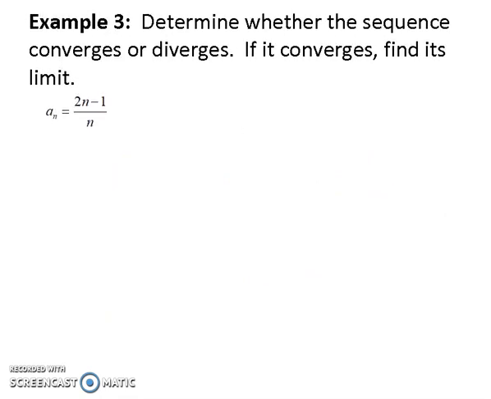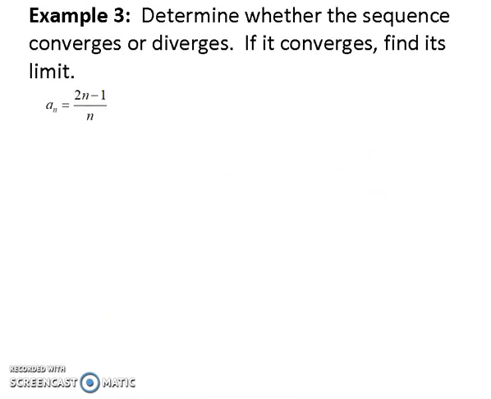All right, so we're going to end this first video on example 3 here, where we are given an explicit formula for a sequence, and we're to determine whether or not that sequence converges or diverges. If it does converge, then we want to find what it converges to, what its limit is. So I want you to pause the video for a minute and see if you can determine whether or not this sequence would converge or diverge.